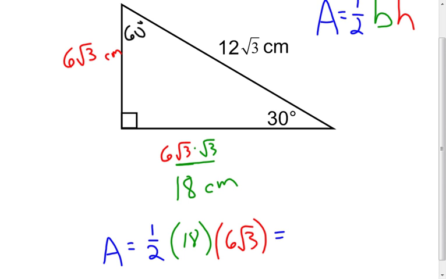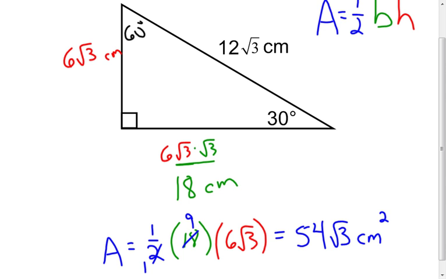Now what I'm going to do is some simplifying first, and I don't even have to use a calculator. This 2 is going to become a 1, and this 18 will become a 9. Now all I have is 9 times 6, which is 54, and then times root 3. So the area of my triangle is 54 root 3 centimeters squared.